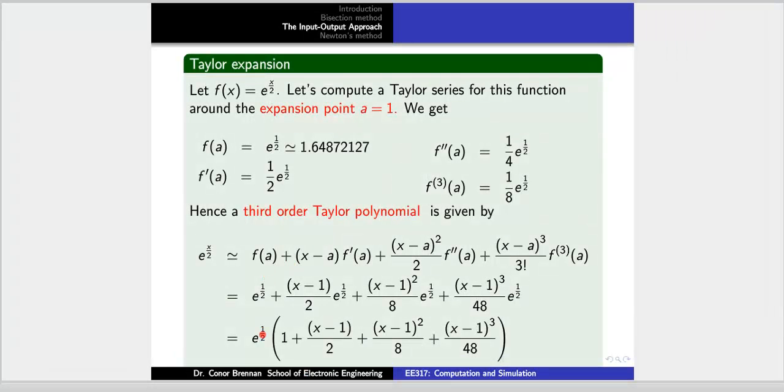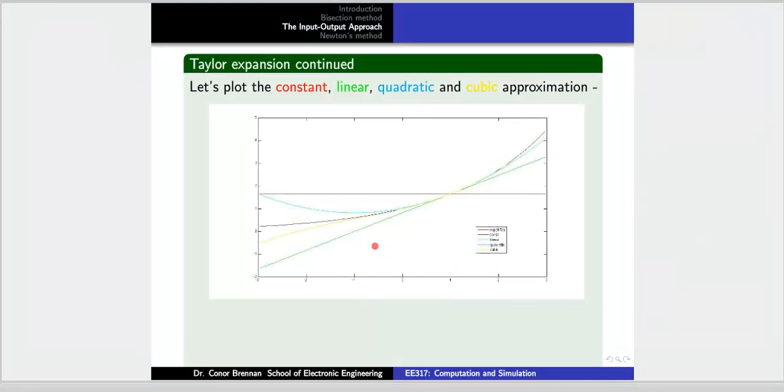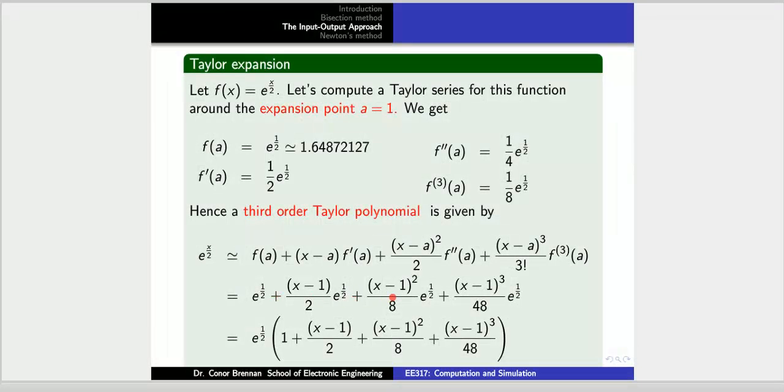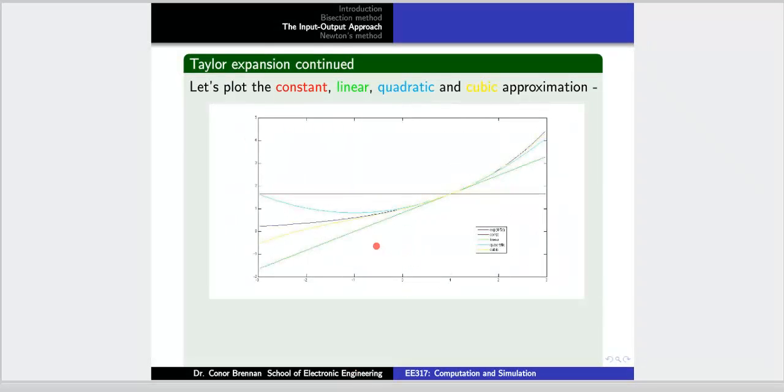If instead we take the first two terms, so this term plus this term, we get the green line. It's a linear approximation to our underlying black curve here. Okay? It's a little bit better, still not great. If instead we retain three terms, so this term plus this term plus this term, we get a quadratic polynomial approximation, which is the light blue approximation here, which tracks the black curve pretty well in this region.